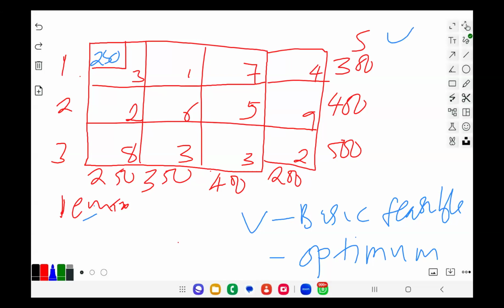Once we do that, the very first column has finished being allocated, so we cancel it, because this is 250 versus 250. This side will remain with what? Out of 300, we have already allocated 250, so we remain with 50.